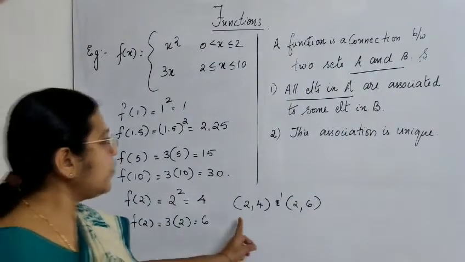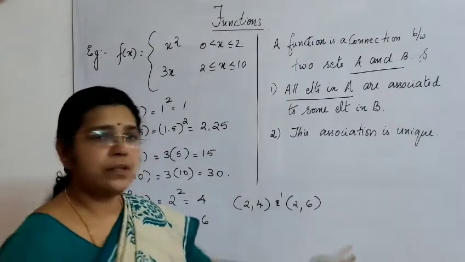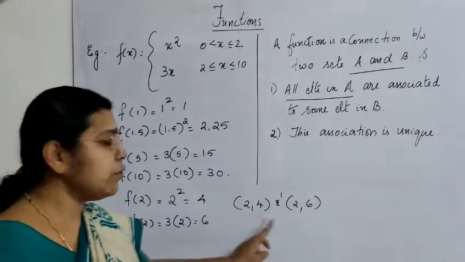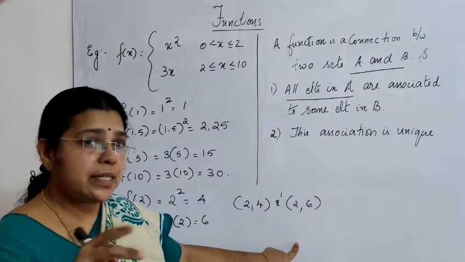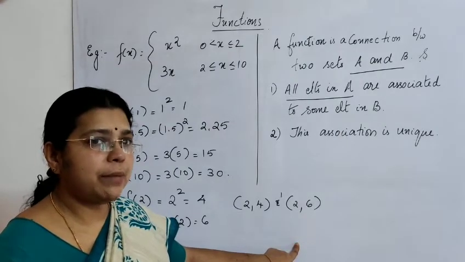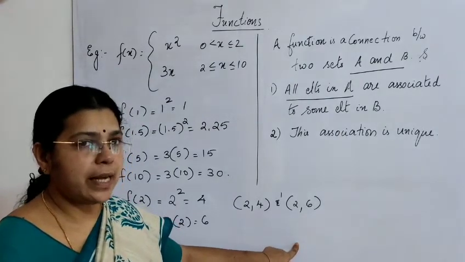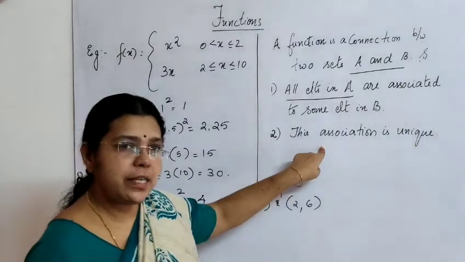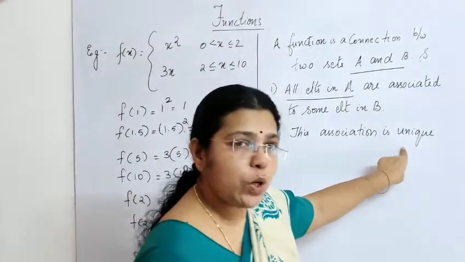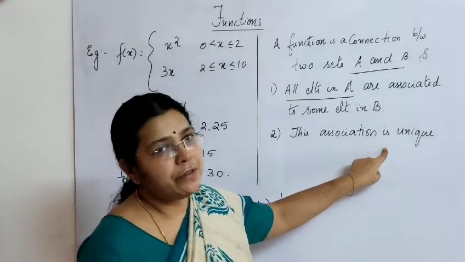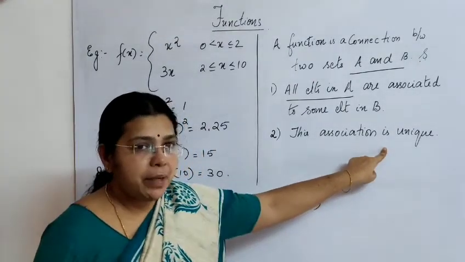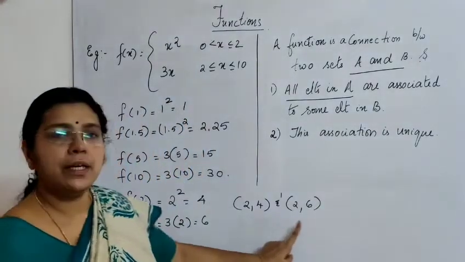Can 2 have 2 different images? This goes against the second part of the definition of a function. What is that? The second part says the association is unique. For every element that belongs to the domain of the function, the image must be unique.